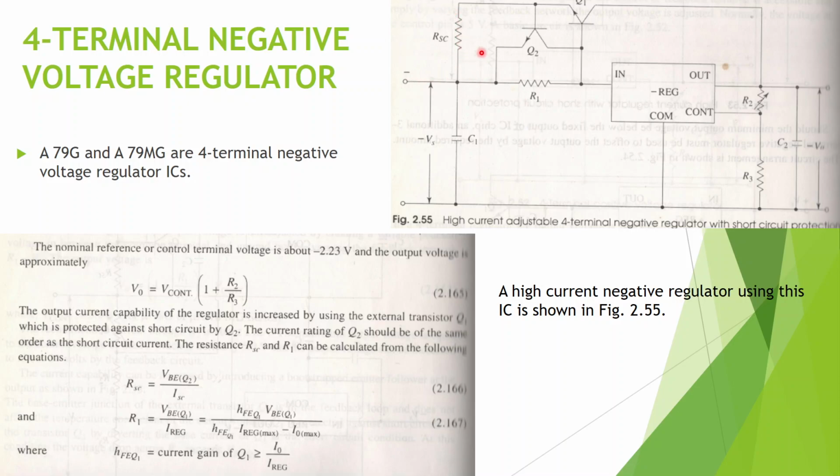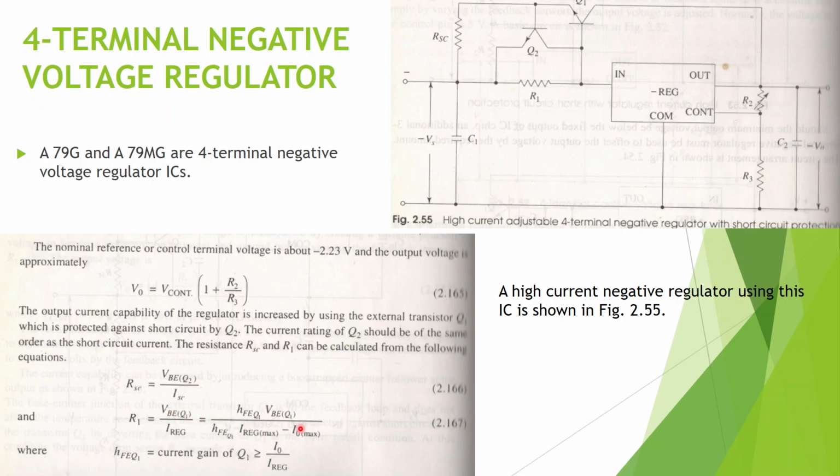Using Ohm's law, RSC is equal to the voltage VBE divided by the short circuit current, and R1 is equal to VBE of Q1 divided by the current that flows through the regulator. RSC uses the VBE of Q2, and R1 uses the VBE of Q1.